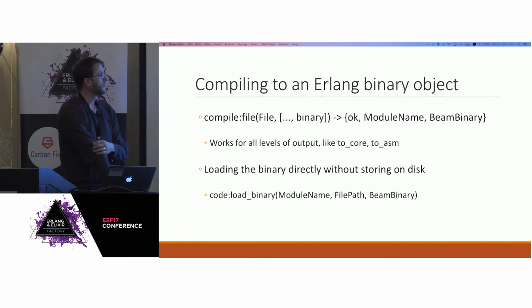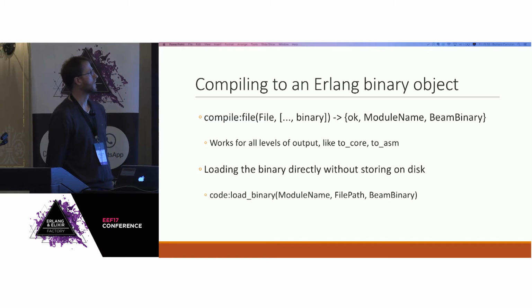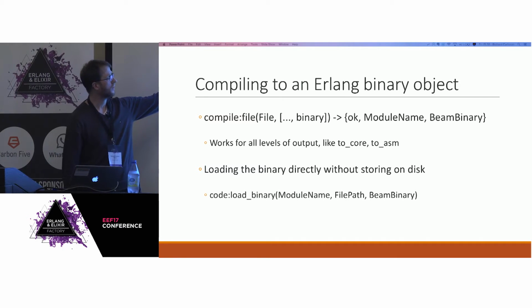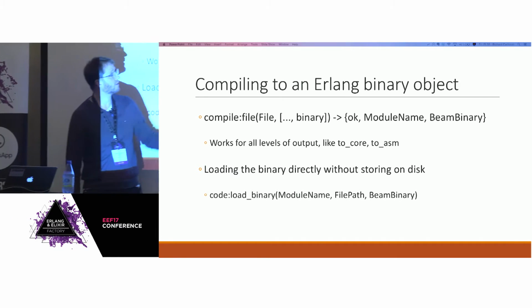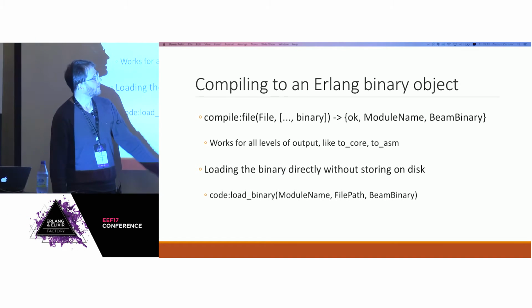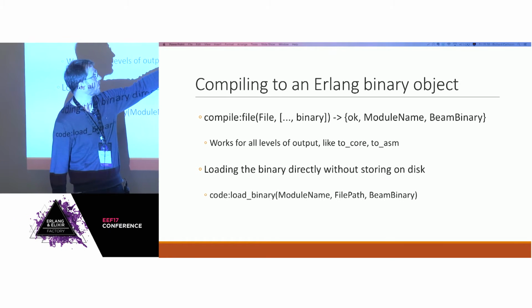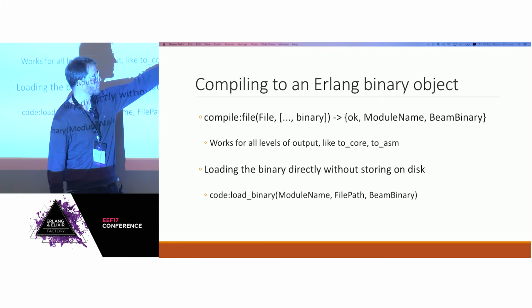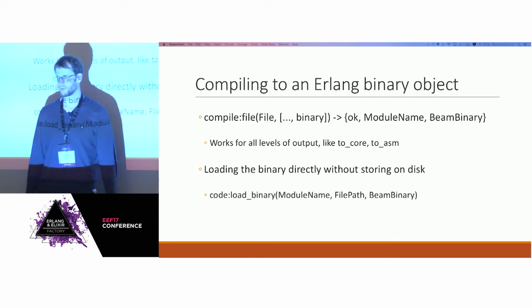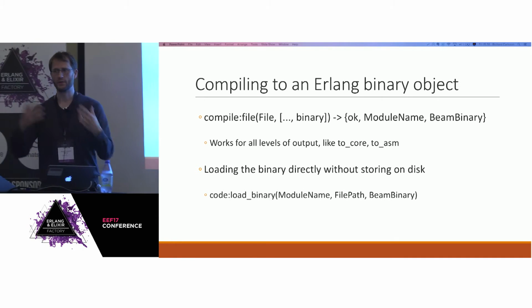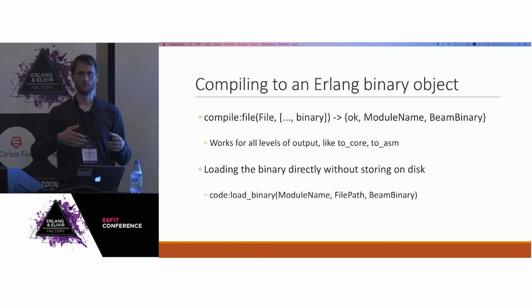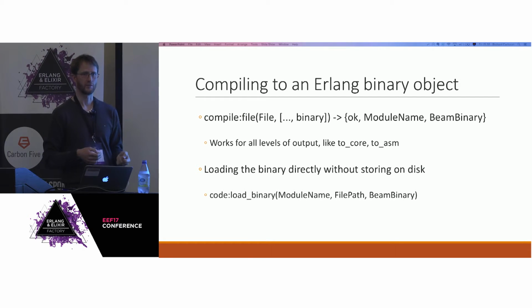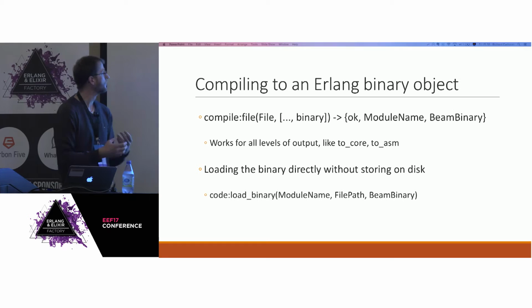Now there's a specific option that you can pass to the compile:file function, and that is the atom binary. If you do that, the compiler will actually return a triple: this was the name of the module I compiled, and here's the binary. So it won't save it to disk. It will return it to you as an Erlang binary object, a bunch of bytes, instead of writing it to disk.